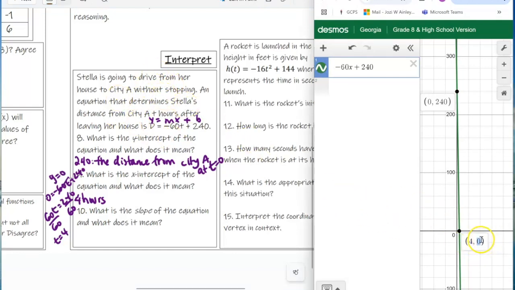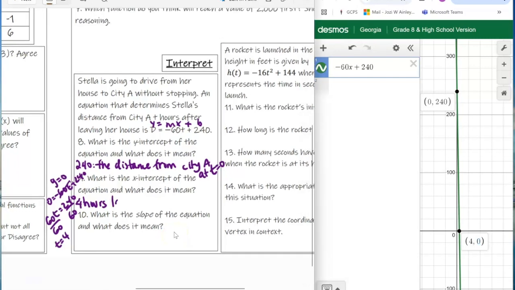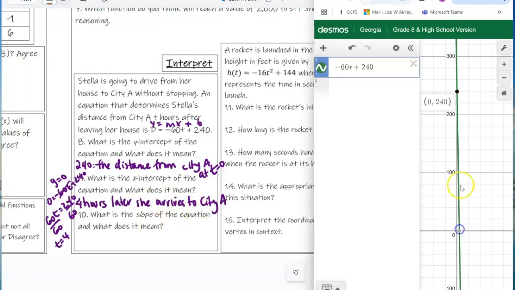She is 0 away from city A. So 4 hours later, she arrives at city A. That's what it means. So the x-intercept is basically when she is 0 distance away from city A.